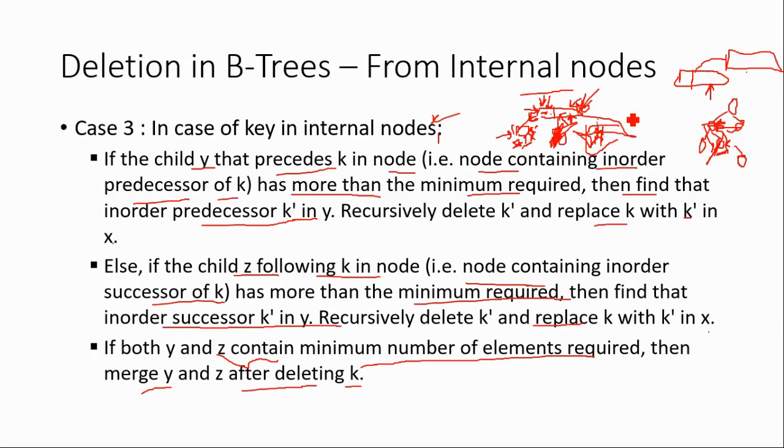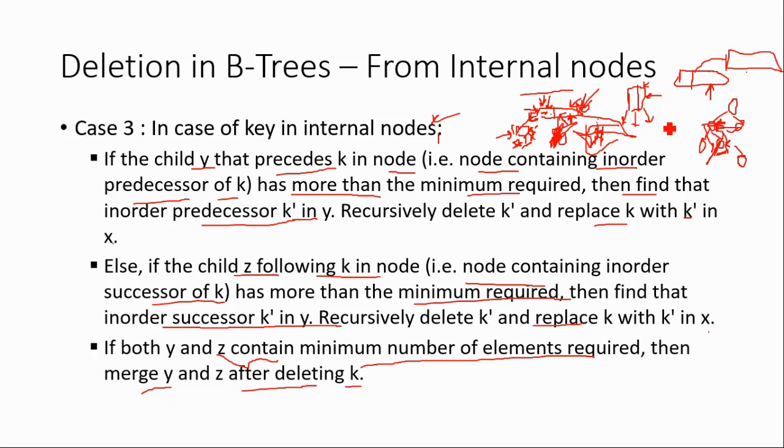As we have discussed previously, if there are some number of elements in a node, then there has to be that number of elements plus one child links. So if we delete anything from an internal node, then that one will fall short, as we have decreased the number of elements by 1.